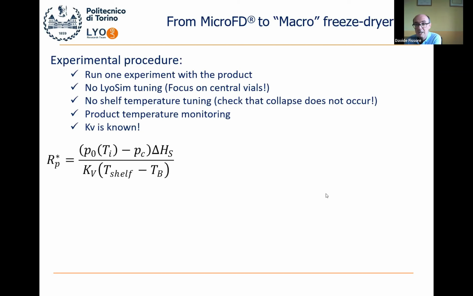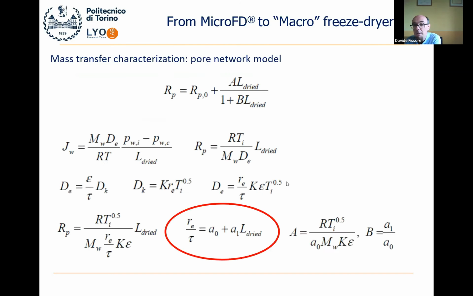No more than this. If your product has a uniform cake structure, for example mannitol products, that is one case.